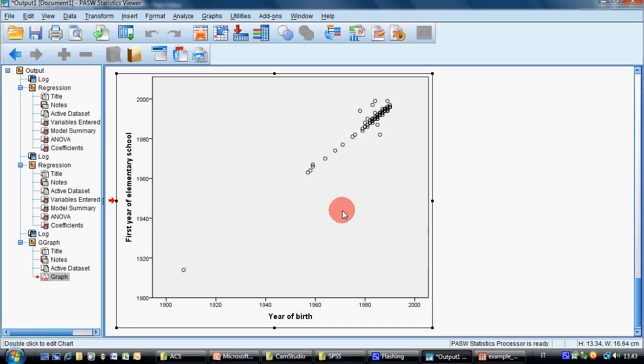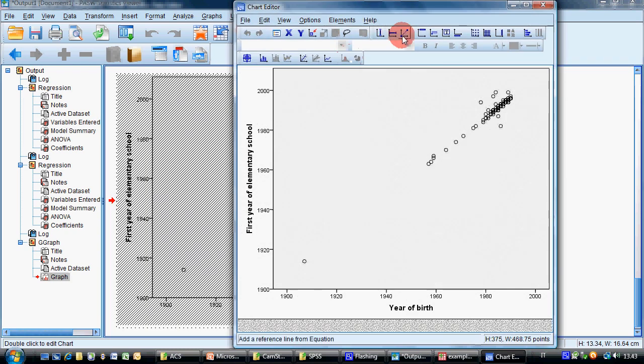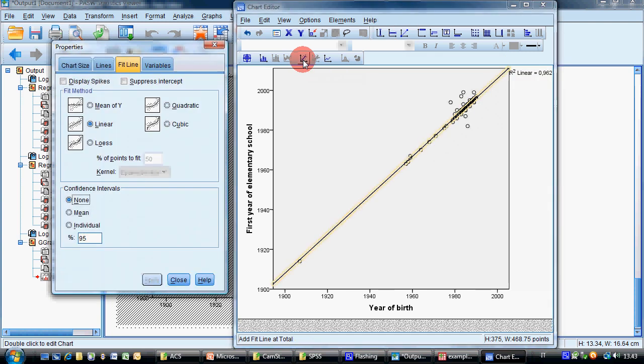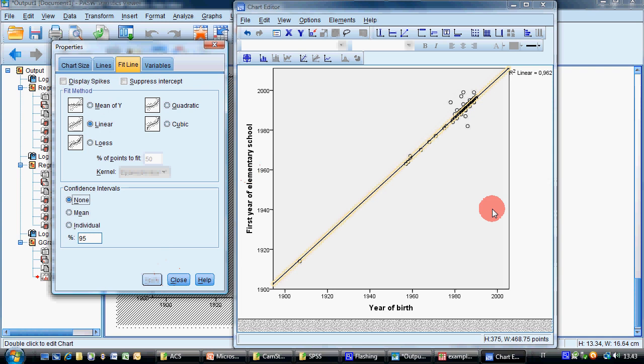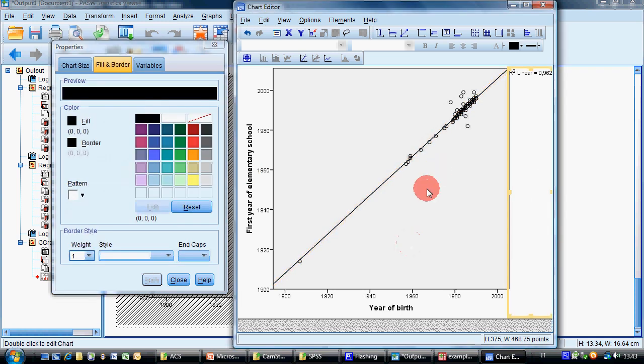You open it to edit. And the regression line, pay attention, it's not this one, or better, it's this one. So not this one, fit line. Don't click 200 times, because otherwise you will get many lines one above the other. So the linear regression line.